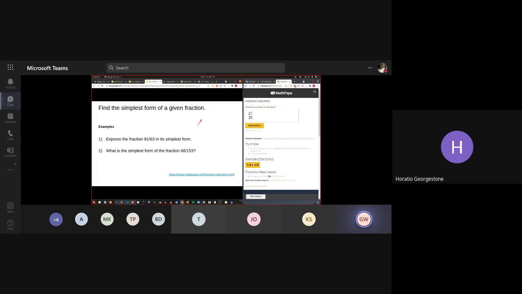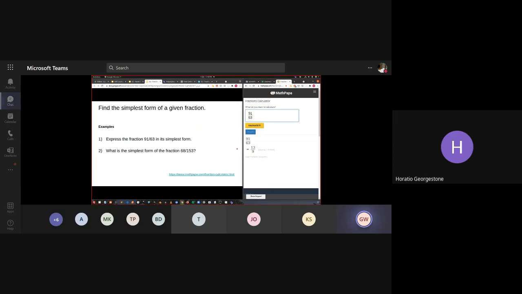But when you're doing maths with a calculator, it's actually really easy, because you just type the fraction into your calculator and press equals, and the calculator will show you the simplest version. So if we type in 91 over 63, the calculator will simplify that to 13 over 9.